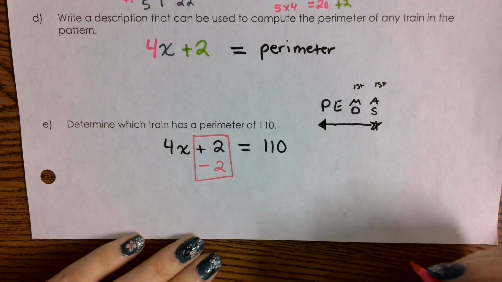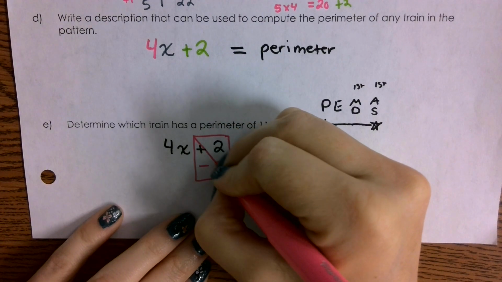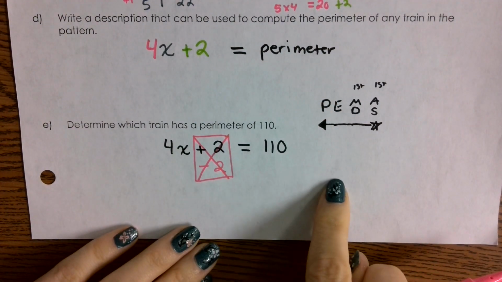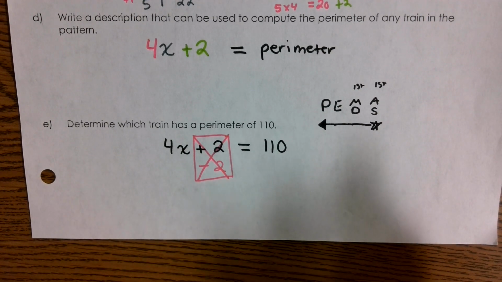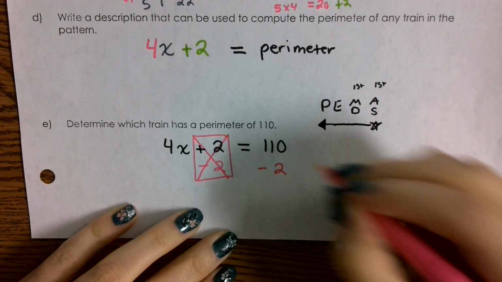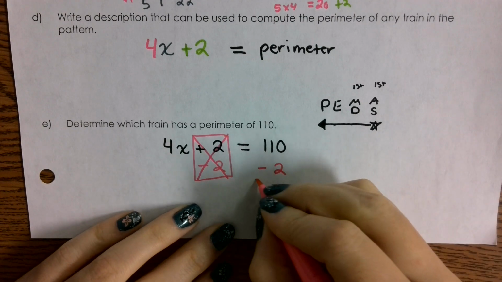A zero pair. You're creating a zero pair. But whatever I do to the left side, I have to do to the right side of the equation to keep it balanced. That's the important thing. So if I subtracted 2 on the left, I need to also subtract 2 on the right.